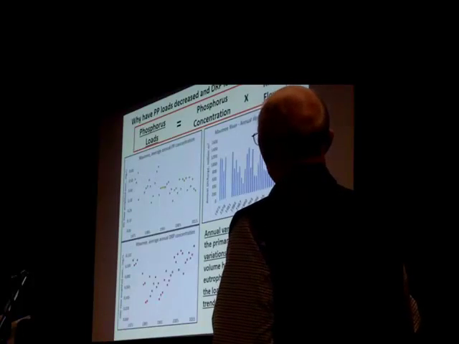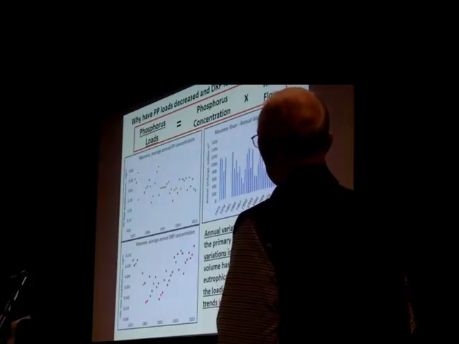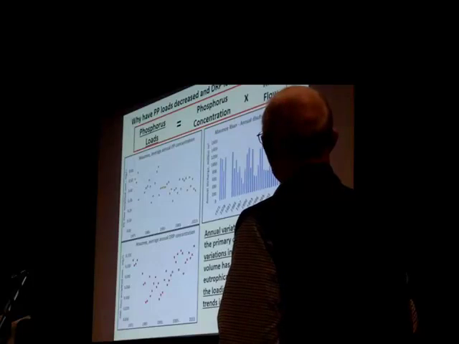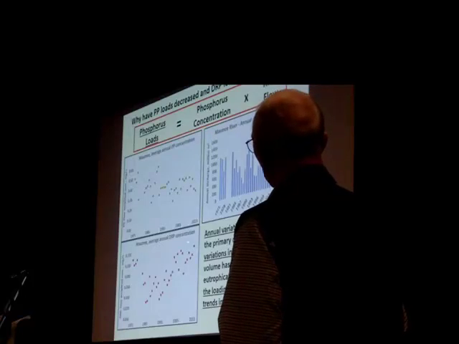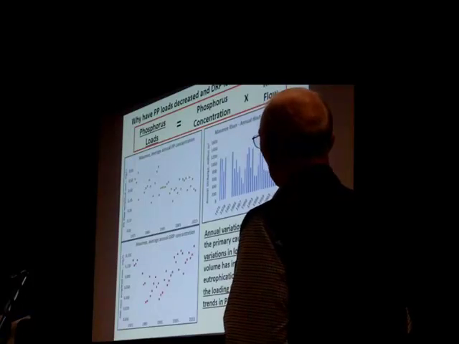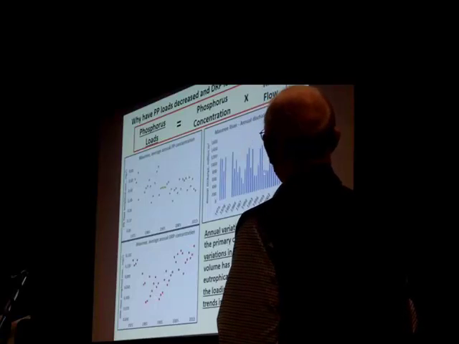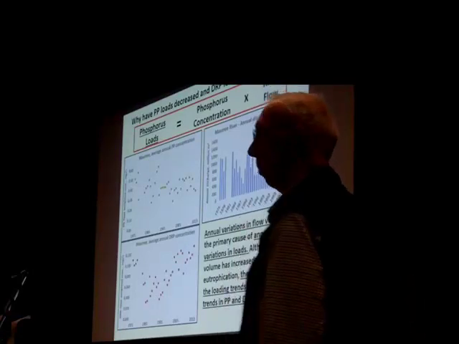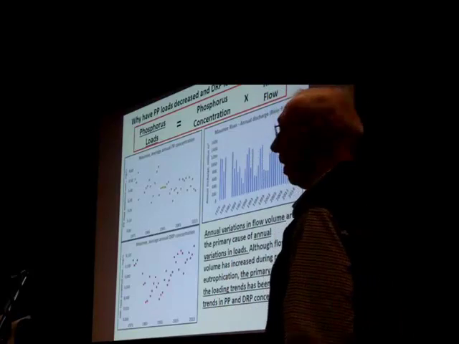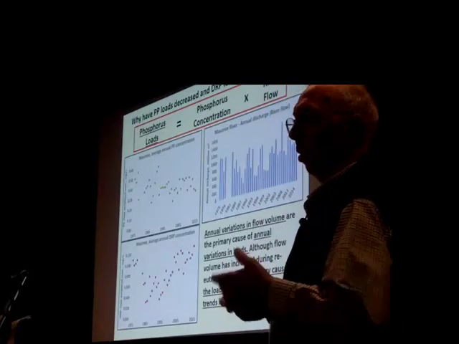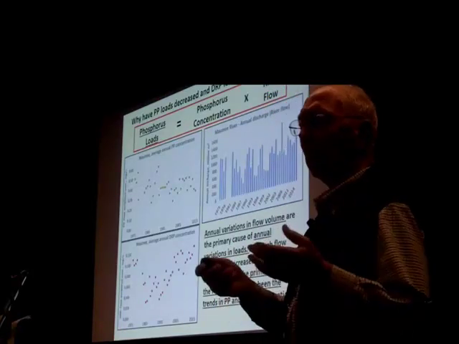It's certainly variable from year to year, and more variable than the concentrations. But the increase in concentration of dissolved phosphorus is much larger, in fact, than the increase in discharge of the river. So the question becomes, what's happened on the cropland?